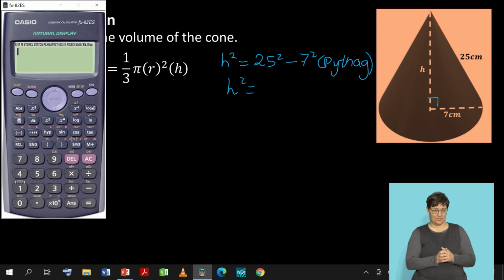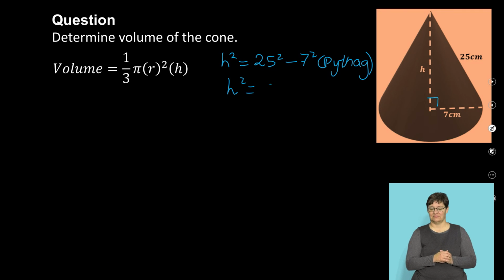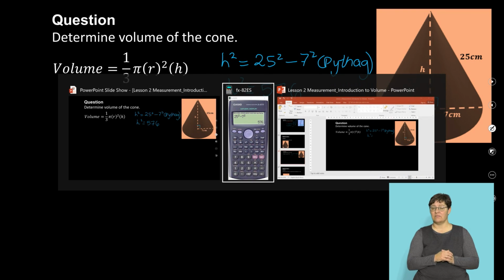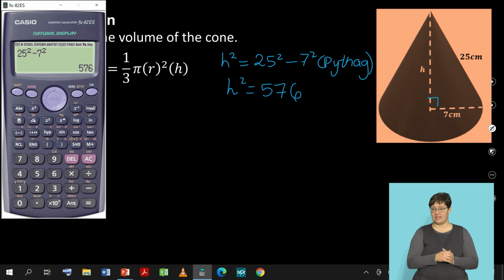Great, so I have 25 squared minus 7 squared, which is going to give me 576. Then if I square root that, it's going to give me 24.